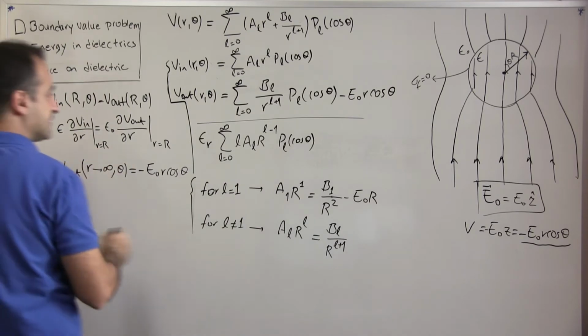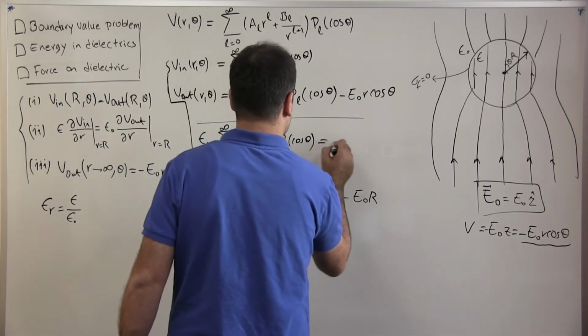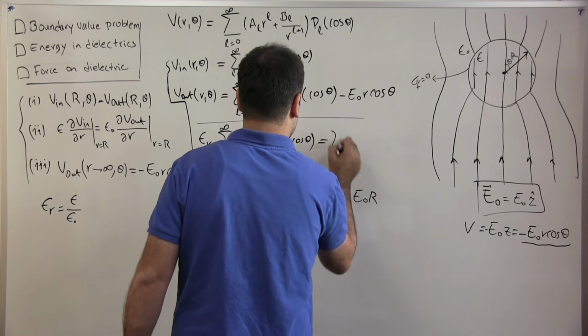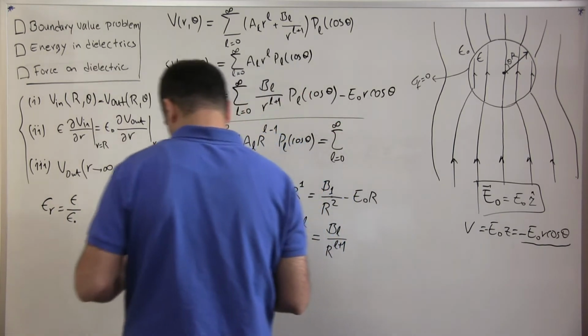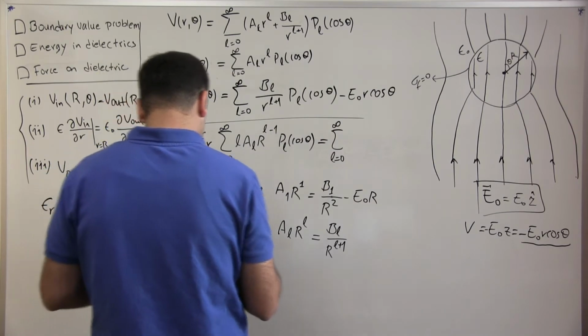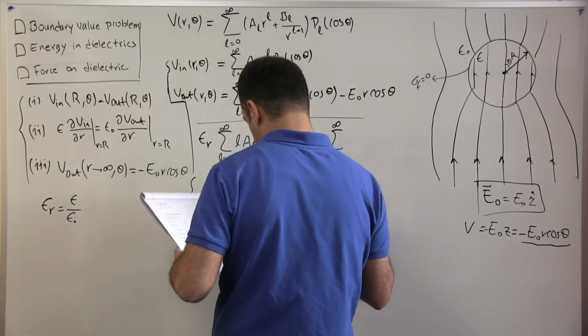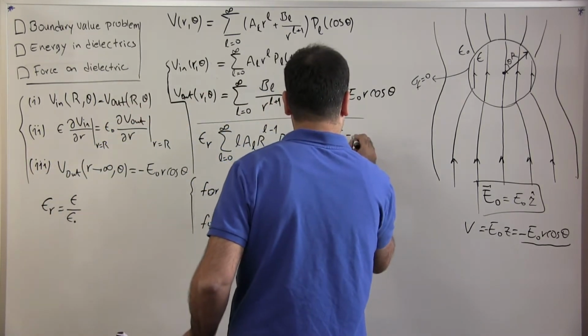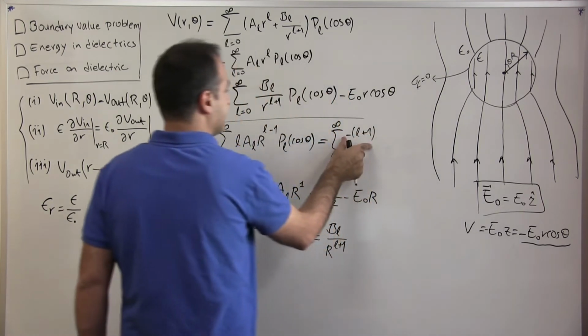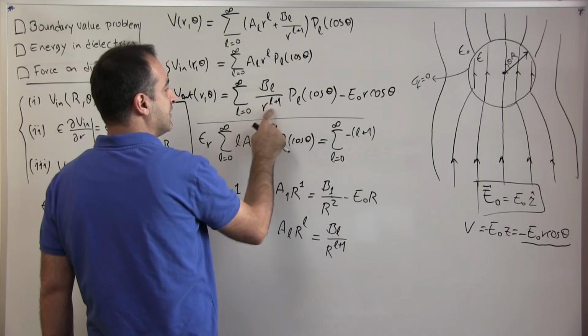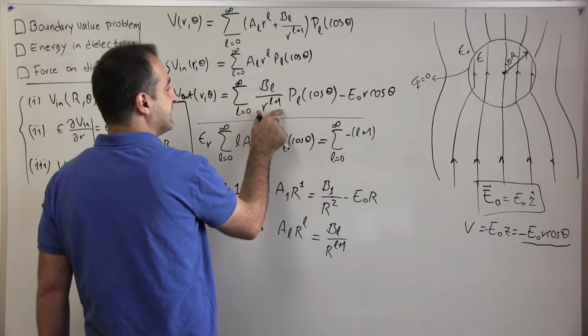Now, the other side of the equation should be equal to the sum over L from 0 to infinity of negative (L plus 1), because r to the L plus 1 is in the denominator.